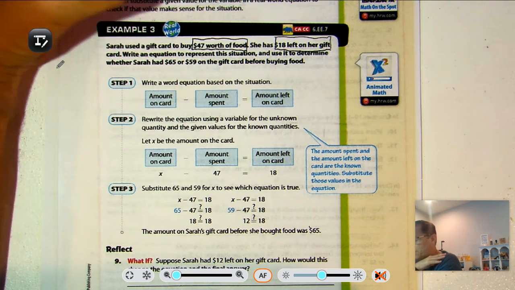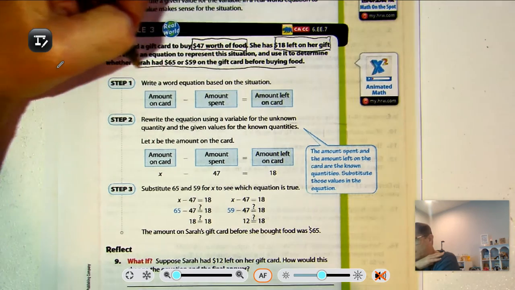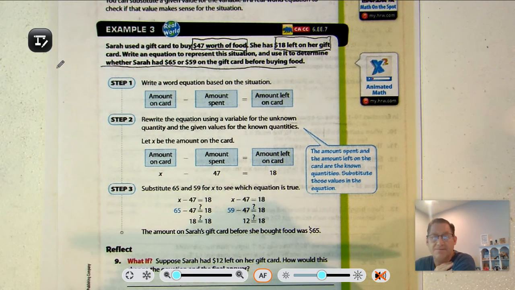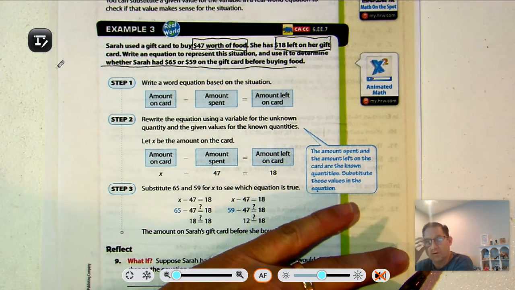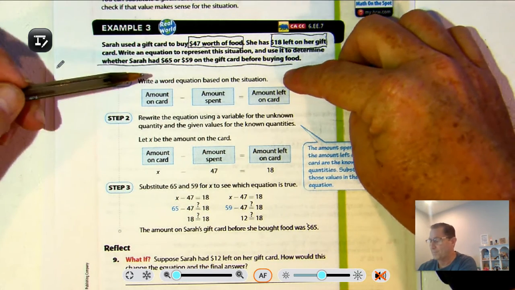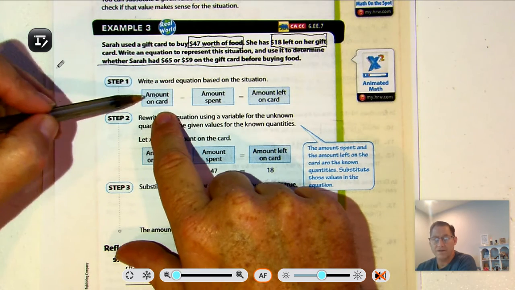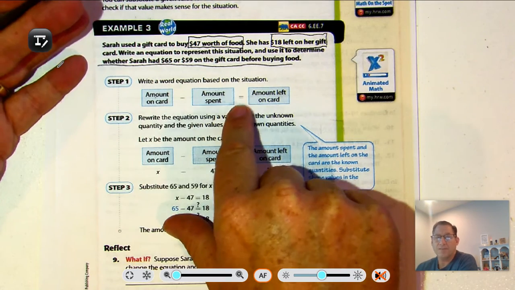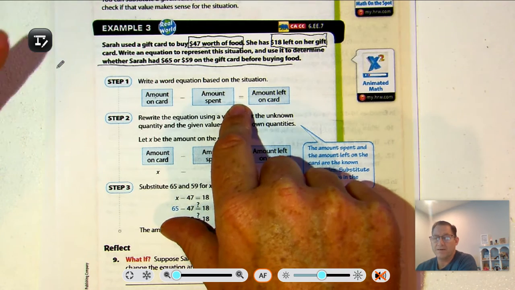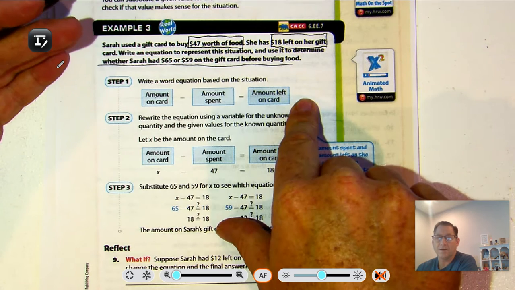Write an equation to represent this situation. Use it to determine whether Sarah had $65 or $59 on the gift card before buying. So what does that look like as an equation based on the situation? Well, we have a certain amount of money on the card, right? Then she goes and spends $47. So that's the amount of money spent. And that's going to give us the amount left on the card.